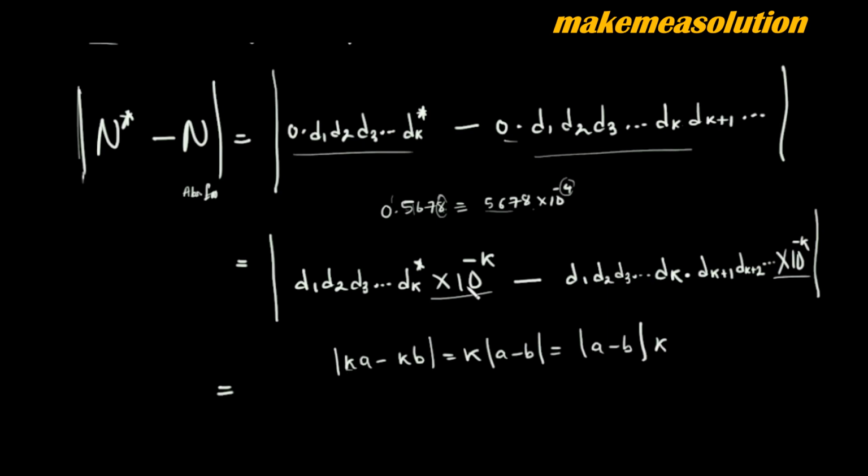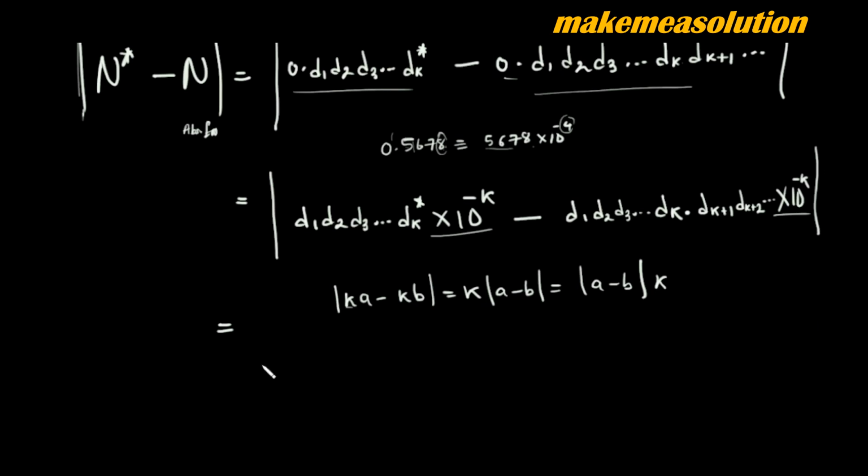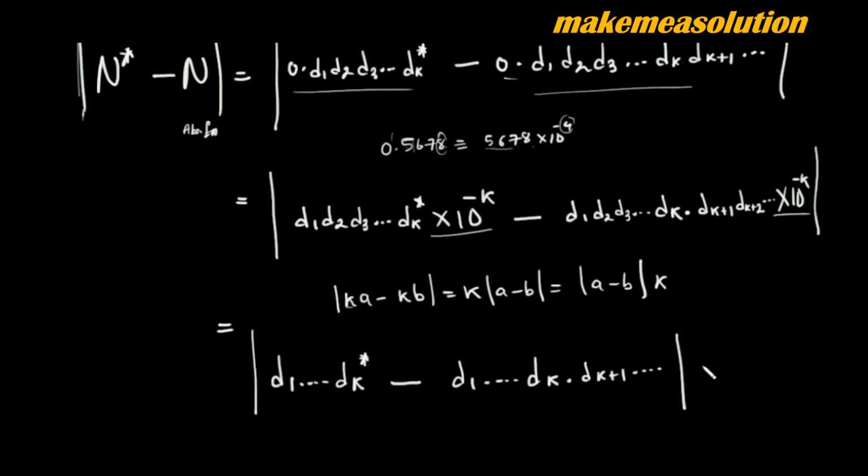So I'm going to remove this times 10 to the power of minus k. It's going to be like this now. So I have my d1 up to dk asterisk, then minus I have my d1 up to dk point dk plus 1, and so on and so forth. Then you have times 10 raised to the power of minus k.